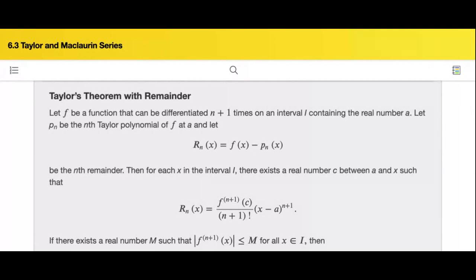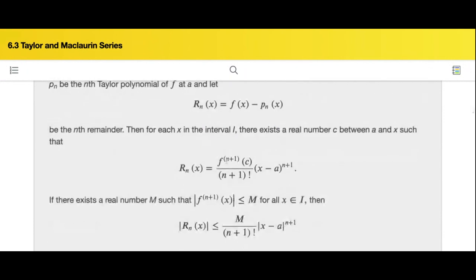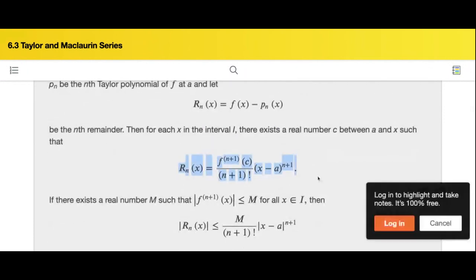So for this theorem, the function can be differentiated n plus 1 times on the interval containing the real number a. So let Pn be the nth Taylor polynomial of f at a, and then of course this is true, right? Because we only consider up to the n plus 1 term. So Rn then will be the n plus 1 term. That's it.